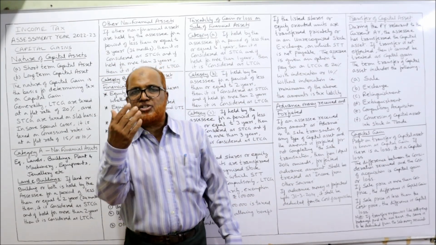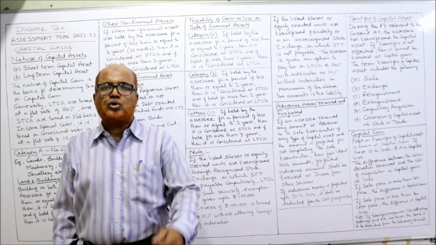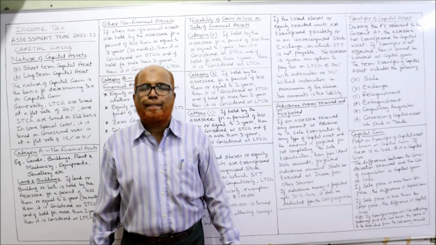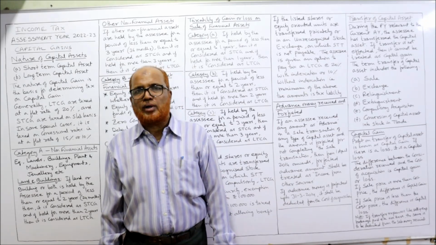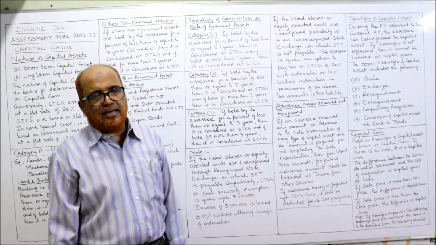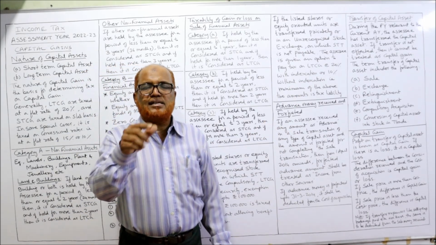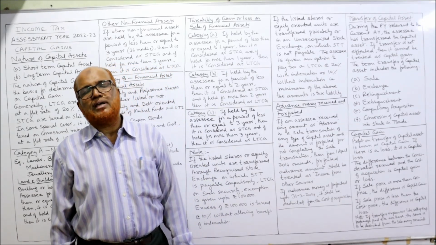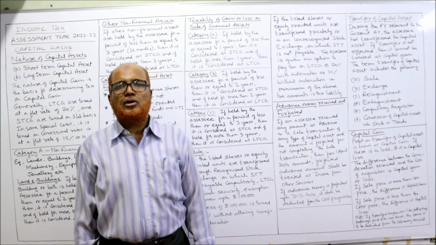Sale is a transfer, exchange is a transfer, extinguishment, relinquishment, compulsory acquisition, and converting the capital asset into stock in trade. This is the theory you have to write in the examination. Lastly, capital gain. Profit arising on the transfer of capital asset is called capital gain or capital loss.